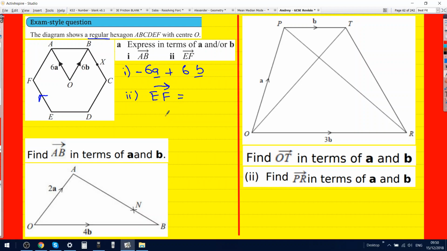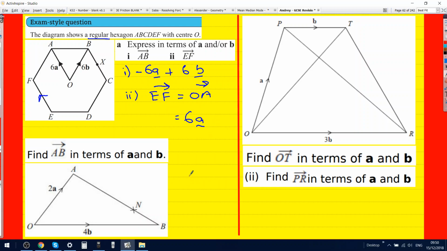Any side that has the same length and direction as E to F? Is it 6A? Yeah, basically that's the same as O to A. It's also the same as C to B, but we don't know that one. So that is 6A.